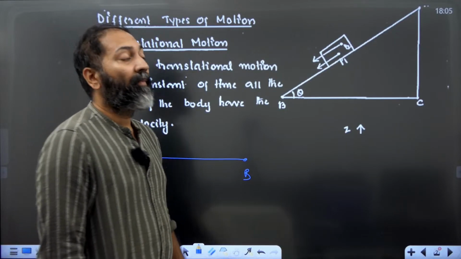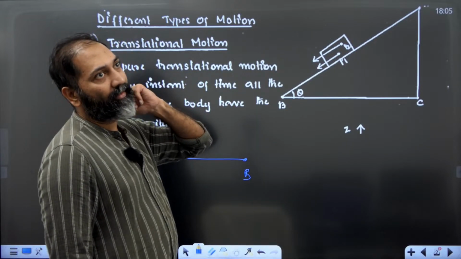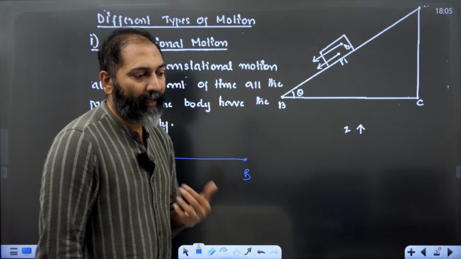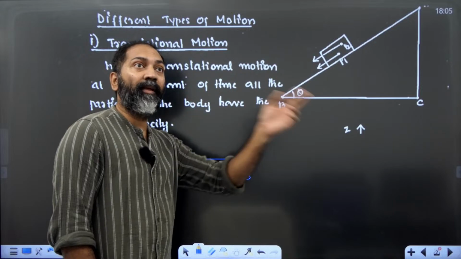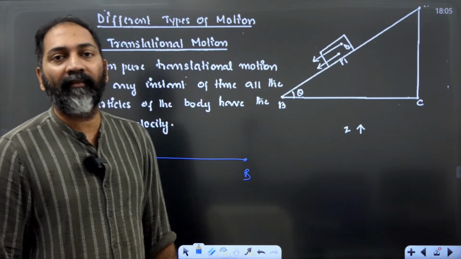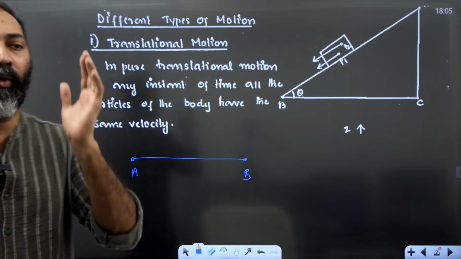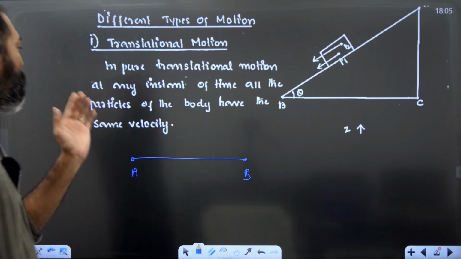Can we say my feet are moving at 30 km per hour and my head is at rest? No, you can't say. If a body is in translatory motion, then all the particles of the body have the same velocity.